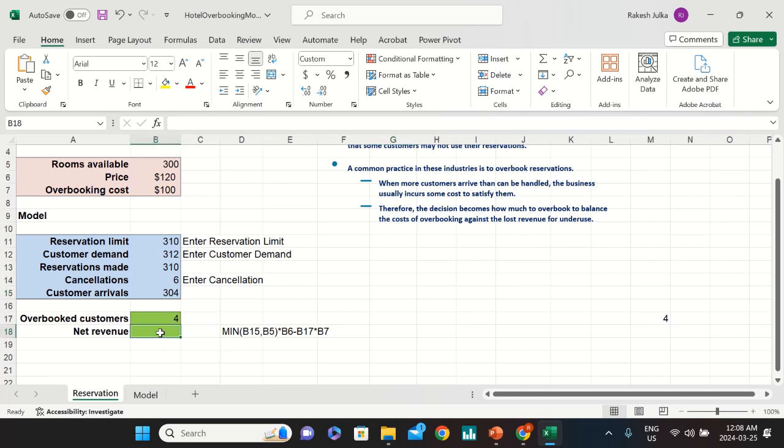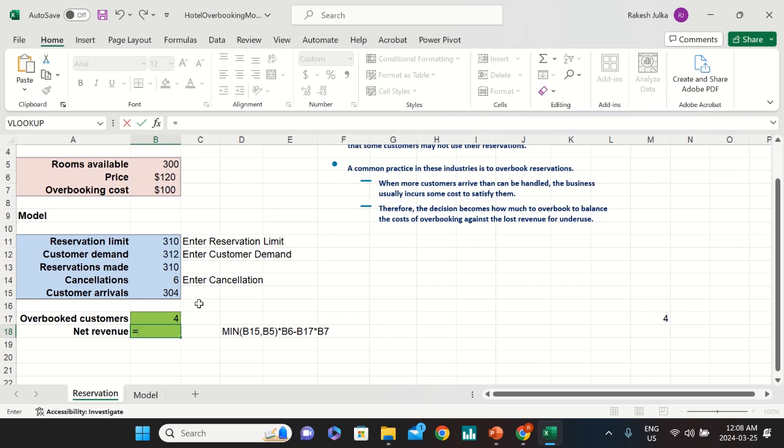First, the minimum of B15 and B5. B15 is 304 and B5 is 300, minimum of these two. Why? Because the customers arrived at 304, but we cannot handle that. The rooms were 300.